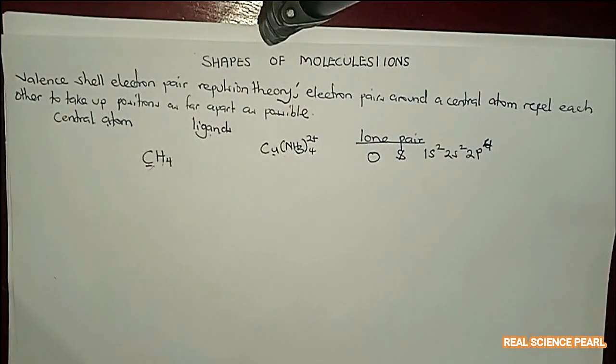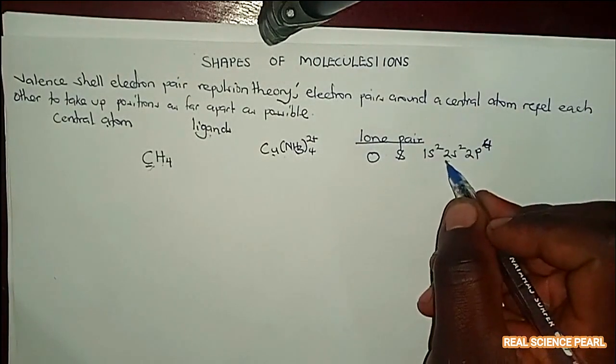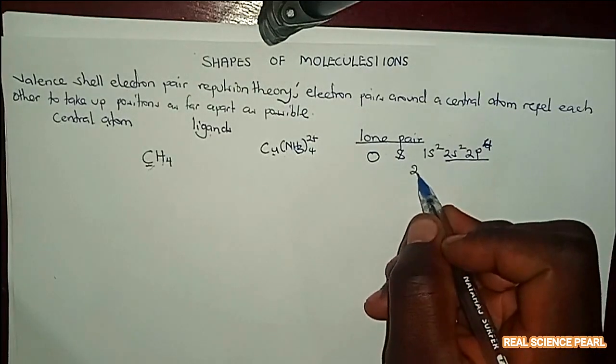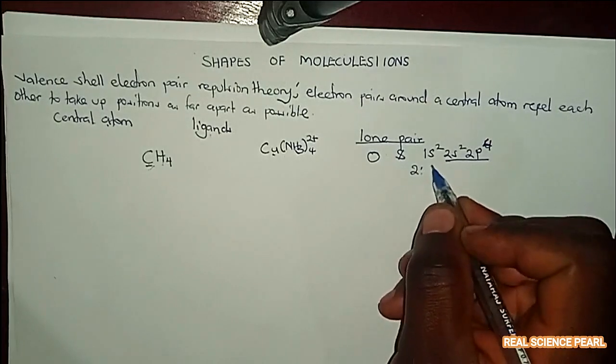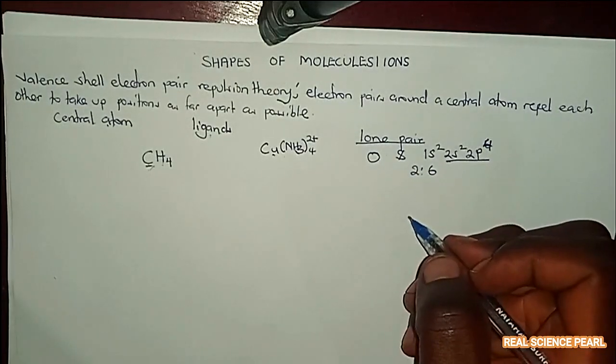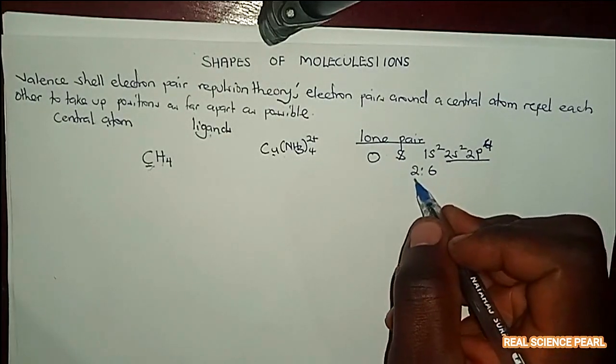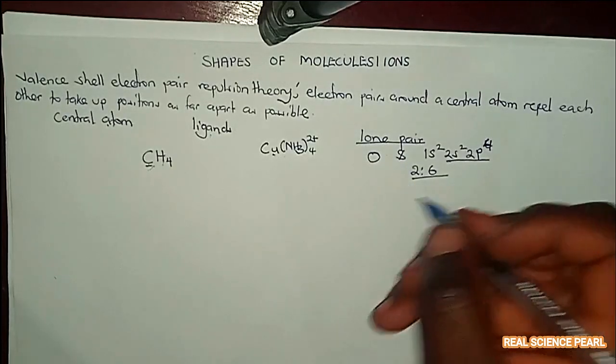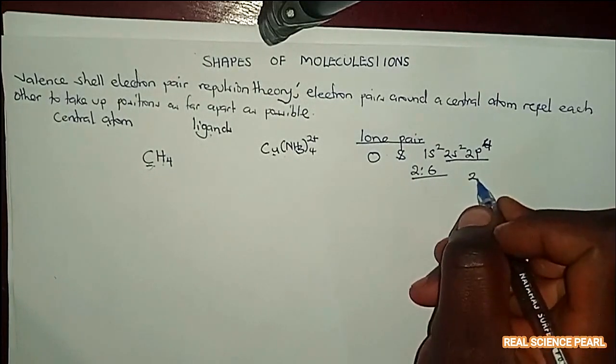Being 2s2 2p4, it means these are the outermost electrons, that is 6, meaning it is in group 6. But we know that the valence of oxygen, or the combining power of oxygen, is 2.